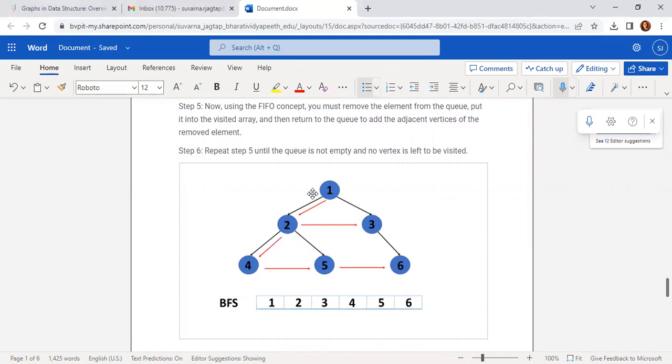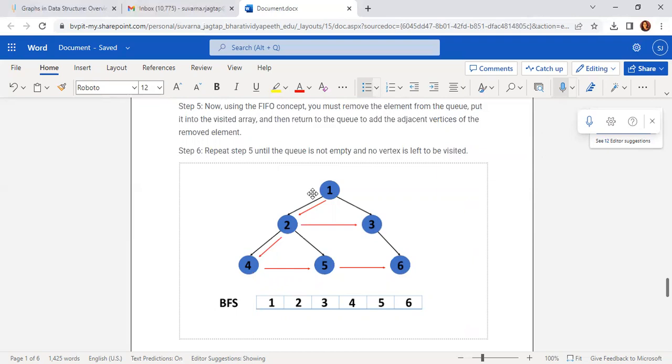Then after visiting the first node 1, we'll visit the next vertex, that is vertex 2. Then after visiting 2, we will visit the next vertex, in this case it is 3. We are talking about breadth first traversal. Okay. So after visiting 1, we'll visit 2, then we'll visit 3. Then again we'll move down and then we'll visit 4, 5, 6 respectively.